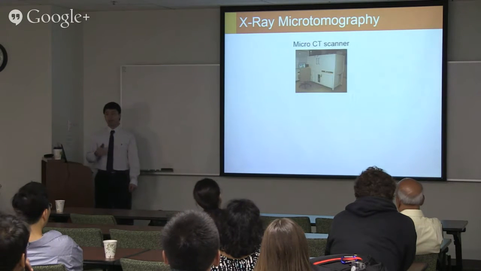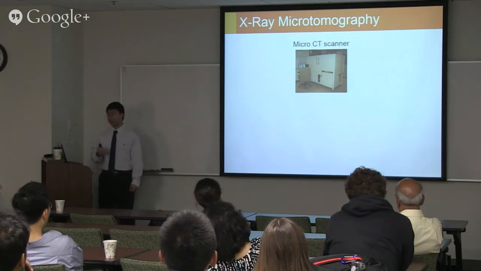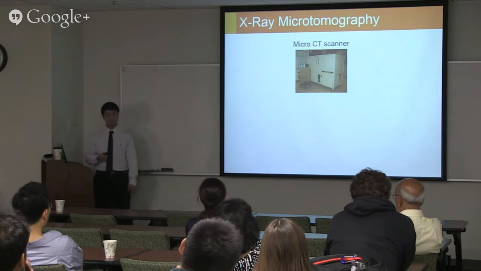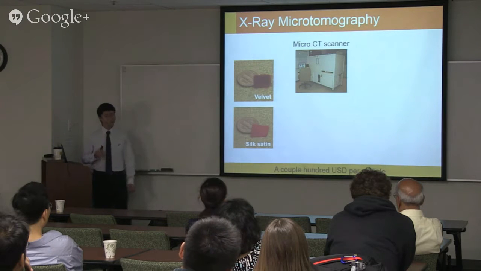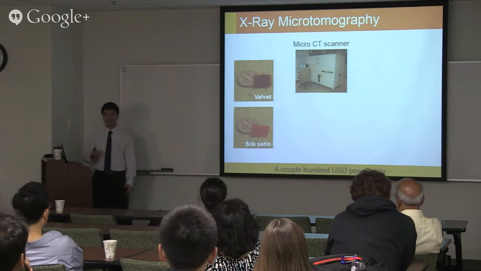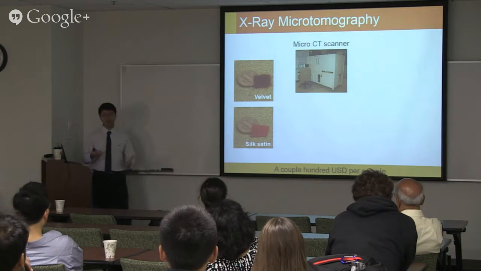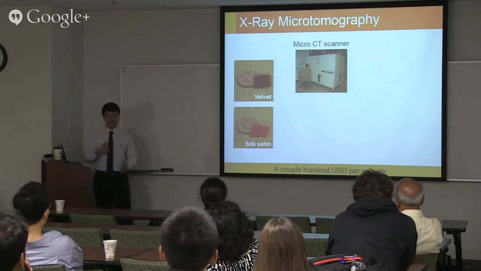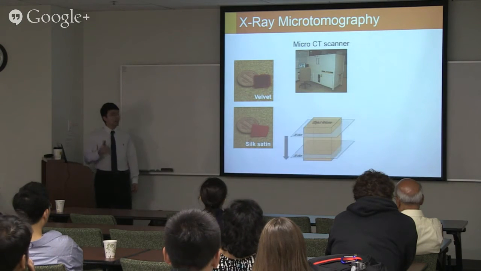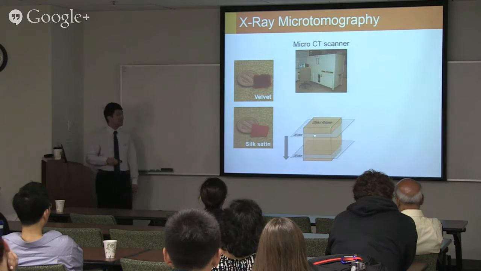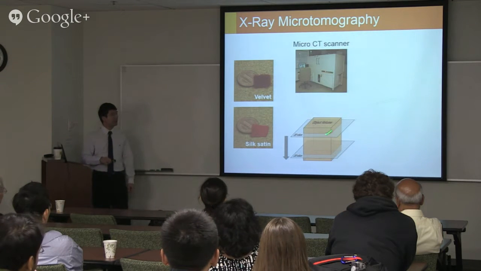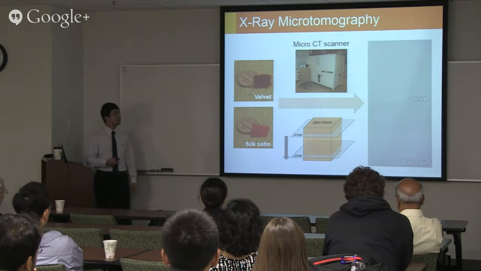In particular, we use X-ray microtomography, or micro-CT, to measure the geometric structure of fabric samples. For each sample, we spent a couple hundred US dollars to have it scanned. Thanks to the development of micro-CT technology, this scanning cost has been dropping. The output of this process is a stack of 2D grayscale images that are 2D slices of the measured volume.